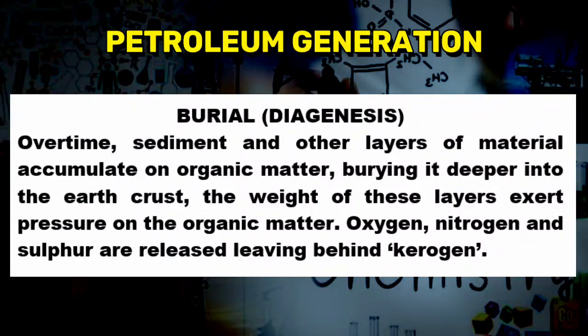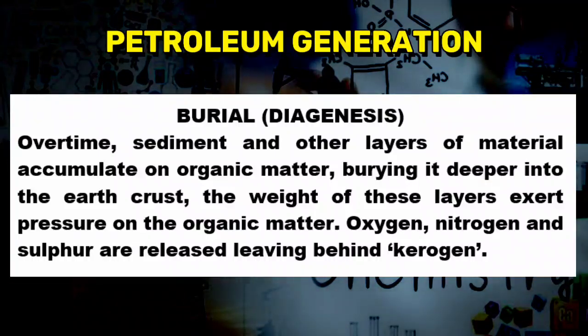The next stage is diagenesis. As the organic matter is buried, it undergoes a process known as diagenesis, which is a series of chemical and physical changes. The heat and pressure from the overlying layers cause this organic matter to undergo biochemical reactions, resulting in the loss of volatile components.